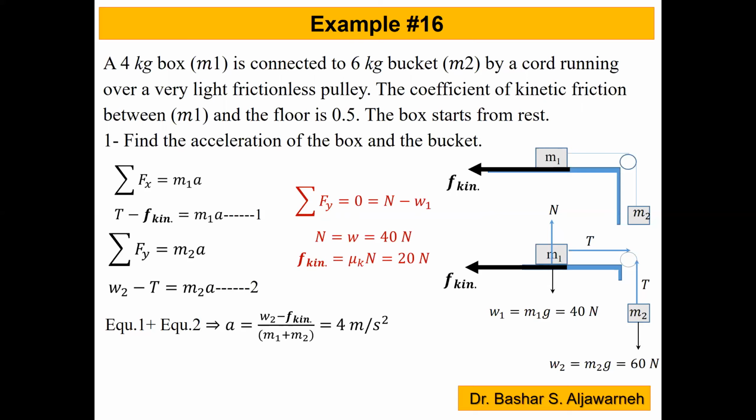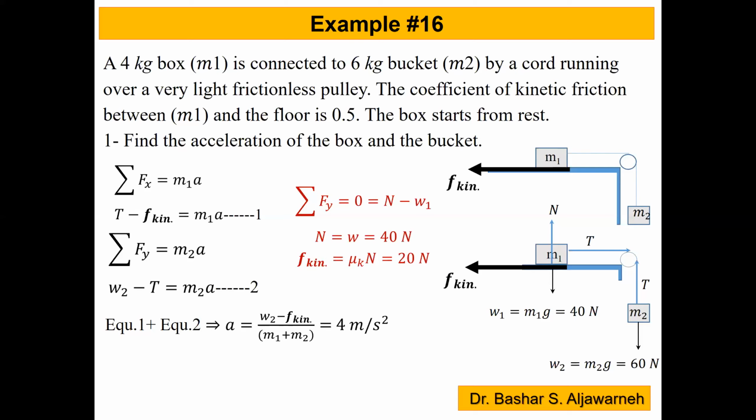The first step, convert your system into x and y axes. So I have two masses. That means I have to have two diagrams. The first diagram will be normal force, weight, and tension to the right. There is no normal force here, just weight and tension upward.